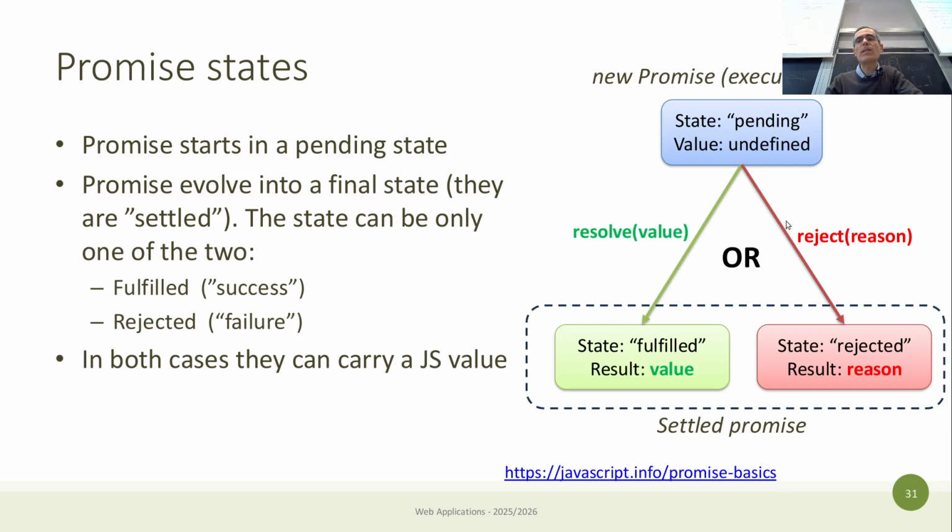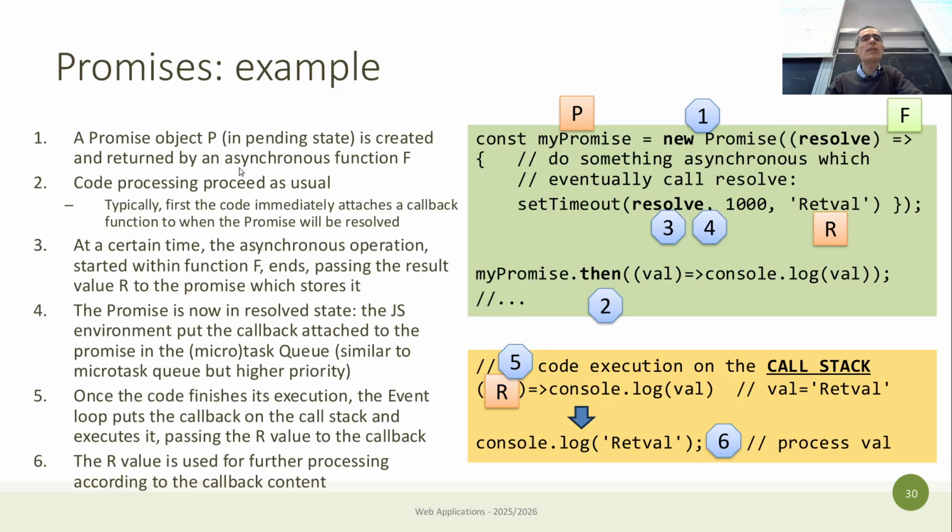We will see the states in a minute, okay, but that's the initial state, and is returned immediately by this asynchronous function f, okay. And then you process the code as usual, so you do step 2, my promise then. So you attach, again, a callback for when the promise is resolved, so it gets the result of the asynchronous operation, this callback will be executed, okay?